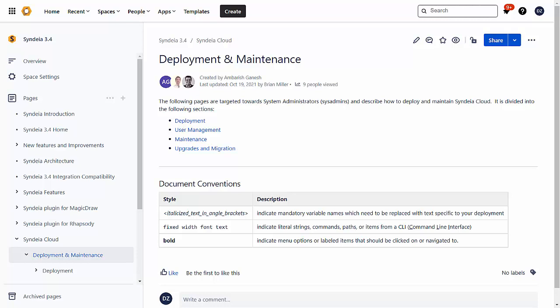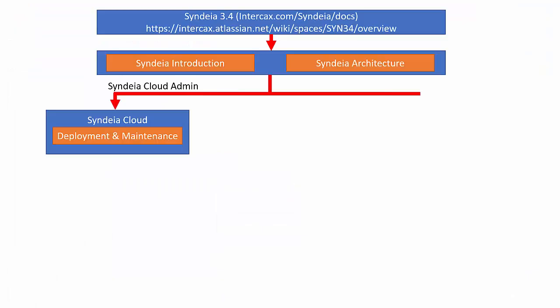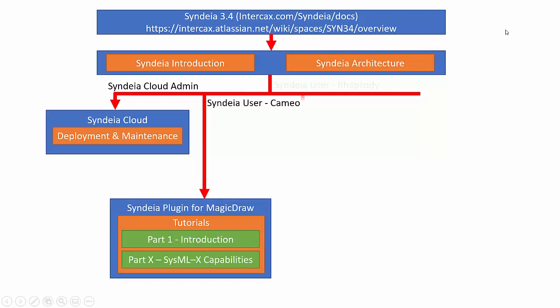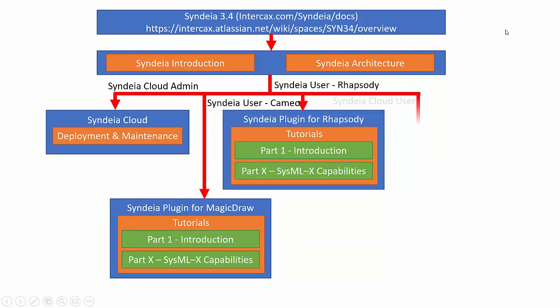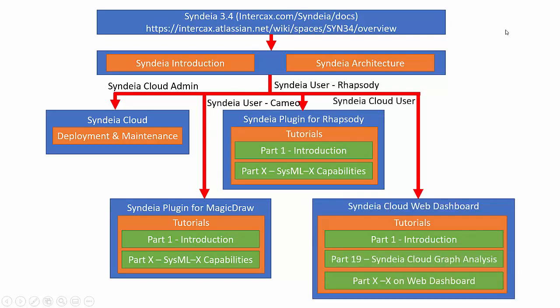Regular Syndeia users generally don't need this information. These regular users fall into 3 main groups: those using the Syndeia plugin for MagicDraw Cameo, the plugin for Rhapsody, or the Syndeia web dashboard.